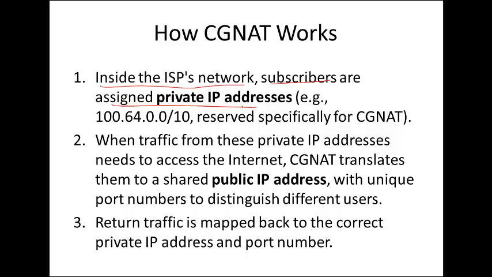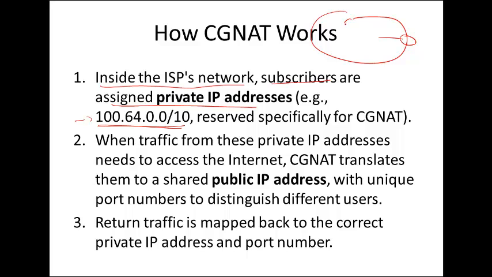Now for CG NAT, this public range is reserved as private now. It's not mandated that you should only use this one. You may use the 10 series or 172 series or 192 series. But using that is a problem. Why? See, the customer is already having one private range.